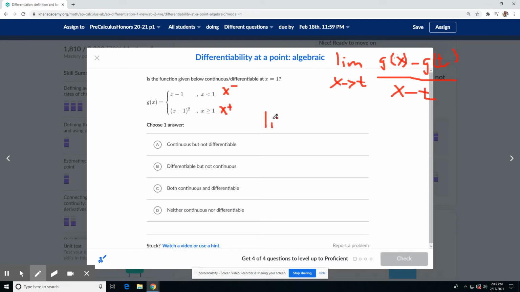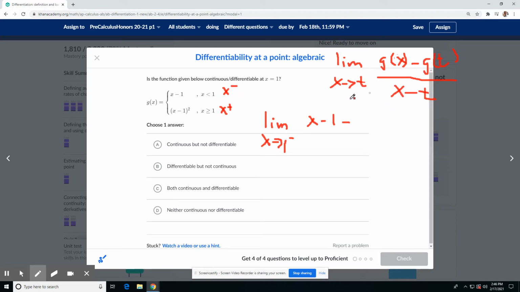All right, so let's go ahead and dive in. This is the limit as x goes to where? We're going to 1. I'll just go in order, the top one, the negative side. We plug everything in here. So our function with x in it, that'd be x minus 1, exactly what you see right here. This is your g sub x, minus g sub t, and I plugged it in already.